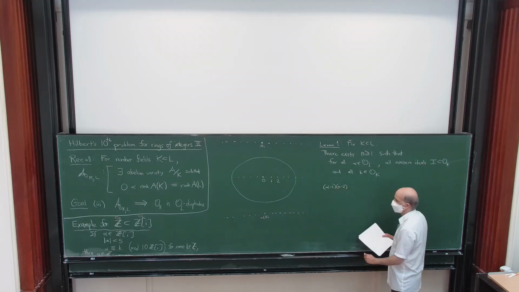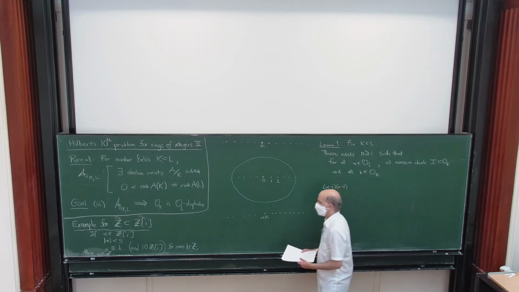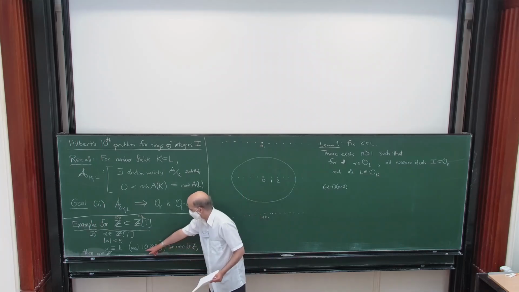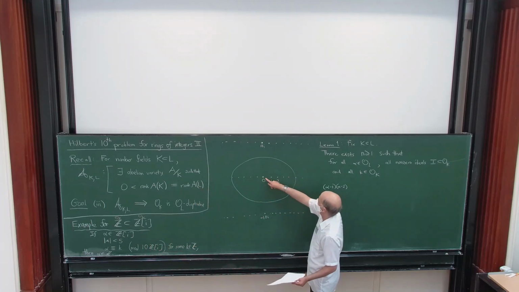Could I not be in OL if it's similar to 10 times Zi? Well, I also want this number I to be generated by an ideal. I mean, here I implicitly used that. This would not have worked if I had taken something like 3 plus i.